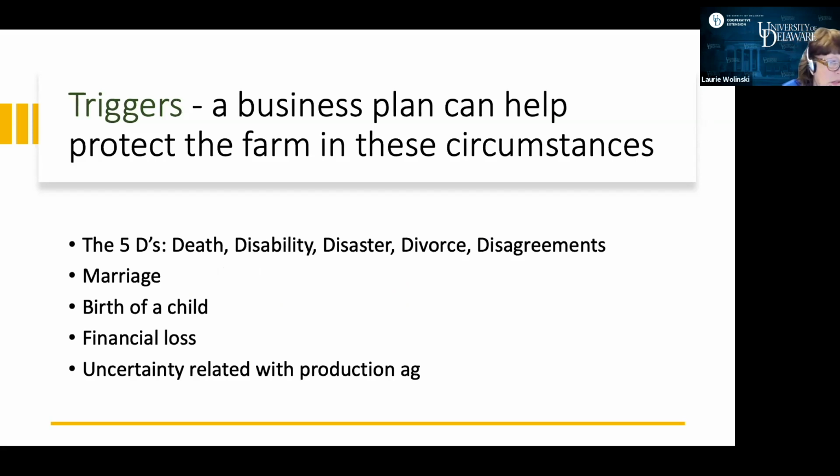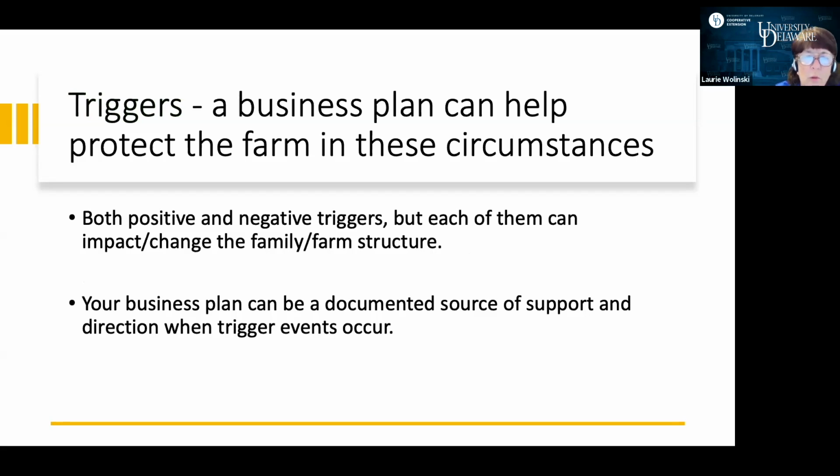So when these triggers happen, if you have a business plan with a written focus and idea of what you're going to do, and this business plan also will include legal documents, which we'll get into next week. But triggers can be both positive and negative, but each type of trigger can impact or change the family or farm structure. And your business plan can be a documented source of support and direction when a trigger event occurs.